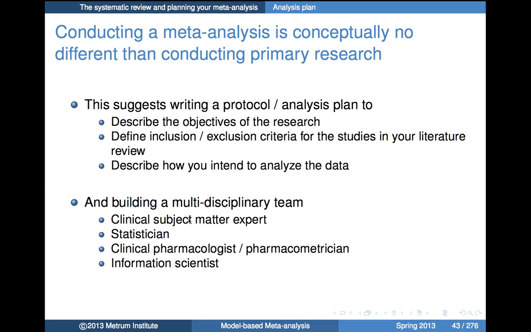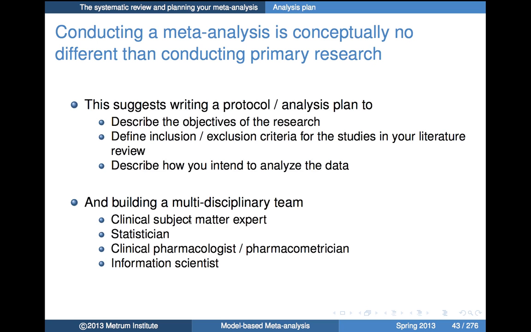And so in keeping with that, we should always consider writing some sort of protocol or analysis plan that's going to state what the objectives of our research are. What questions do we want to answer with this modeling? That also defines our inclusion and exclusion criteria for the studies that are going to be included as part of the analysis, and describes how we plan to analyze the data.